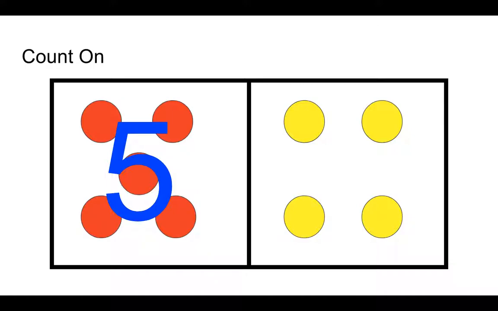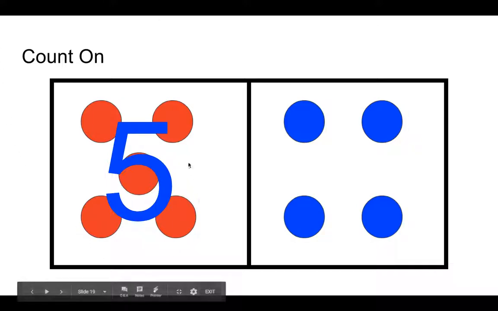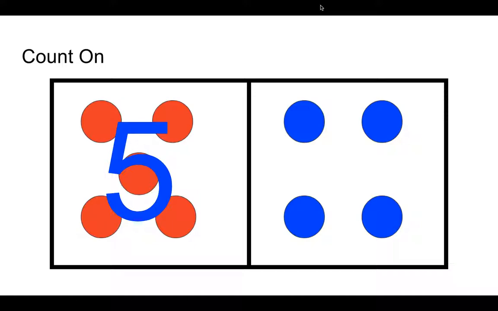But then I can count on what's after that by counting the rest of my counters, or my yellow counters. So it would sound like this: 5, 6, 7, 8, 9. So I didn't have to count these ones because I already recognized that that was a group of 5, but I counted on until the rest of my counters were included to make my whole. So now I know that there are 9.